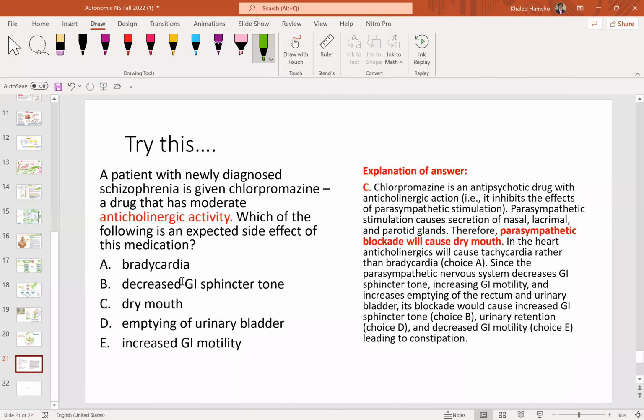And this is just a question. I don't know why he included this, but all you need to know is it's anti-cholinergic. Cholinergic meaning has to do with the parasympathetic. The parasympathetic nervous system causes salivation because it's for digestion.